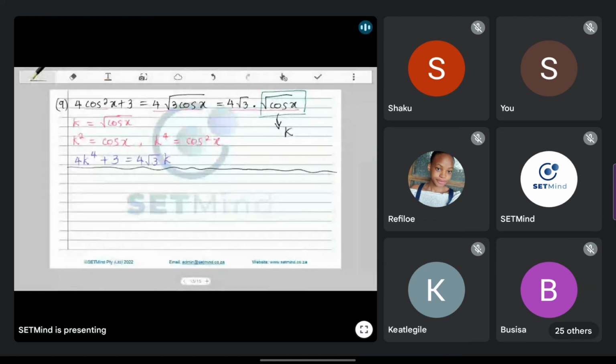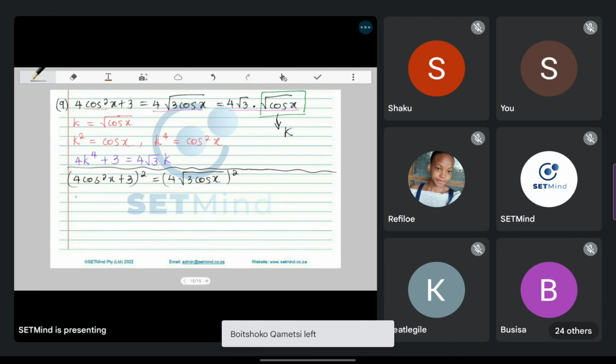I have 4 cos squared x plus 3, all squared, equal to 4 square root of 3 cos x, all squared.